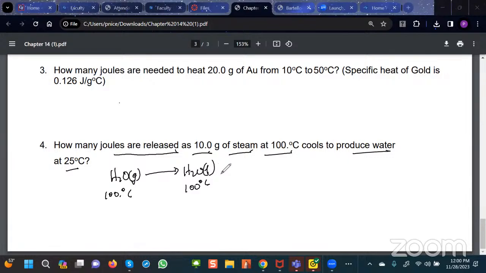That's condensation right there. And then it cools further to H2O liquid, but this time the temperature is 25 degrees Celsius, right? So basically we need to find these two Q values, Q1 and Q2. So my question is, how would you find Q1? Let me do that here. Q1 will be equal to what?